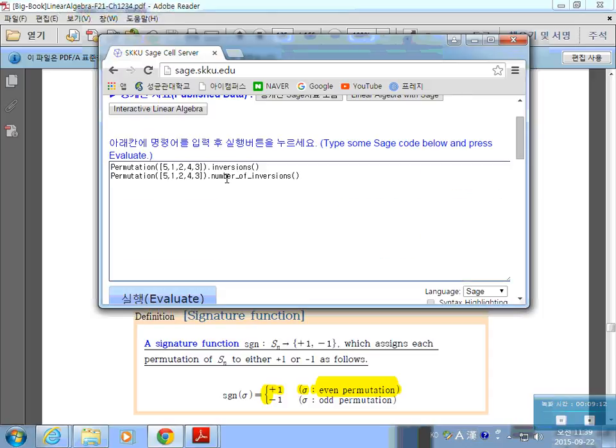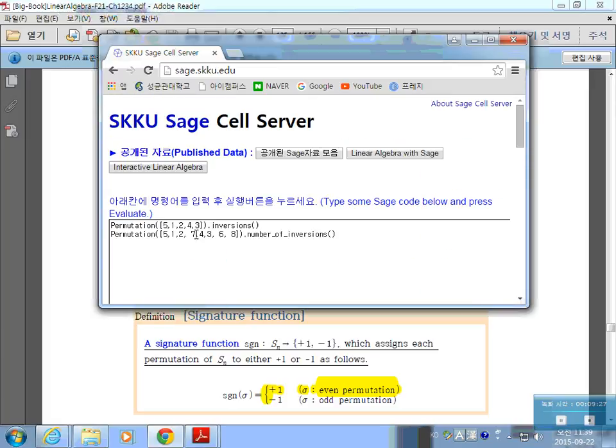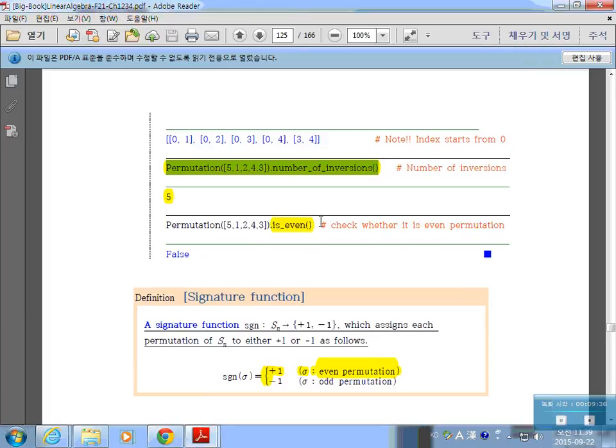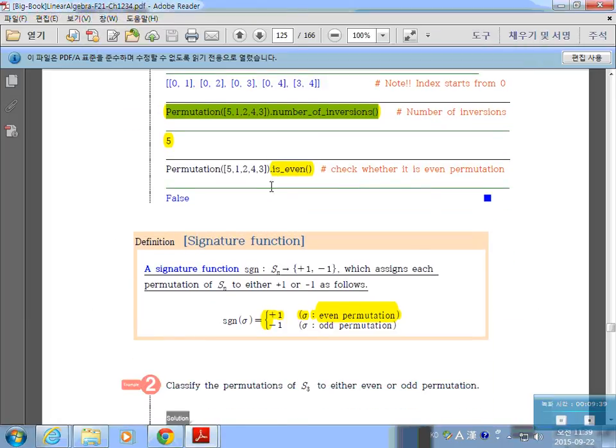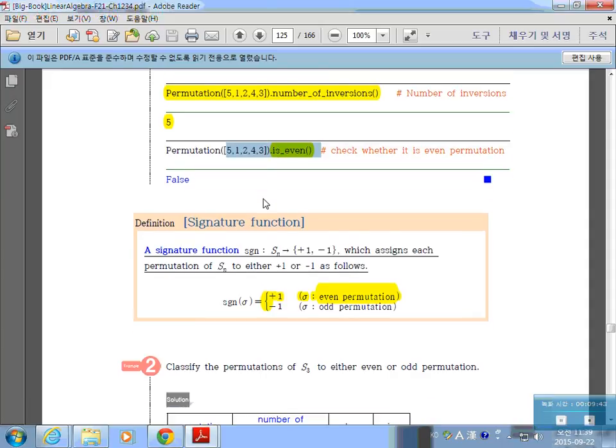If we have a permutation like 7, 6, 8, 7 here, then what will be the number of inversions? That will be 8. So if we give any permutation here, you can easily find the number of inversions by hand or by the tools. If you check whether it is even, since it's an odd permutation, it should be false.